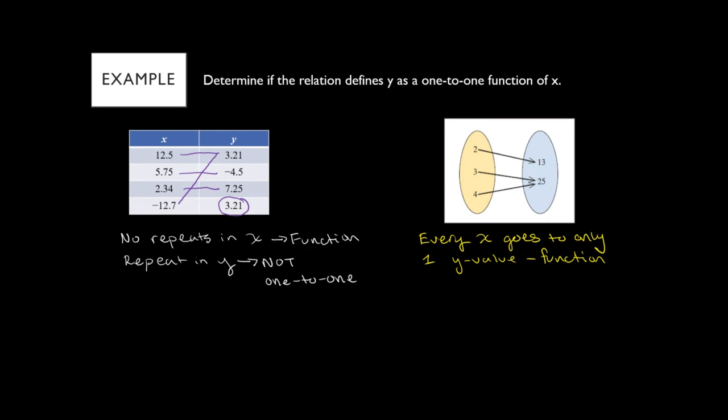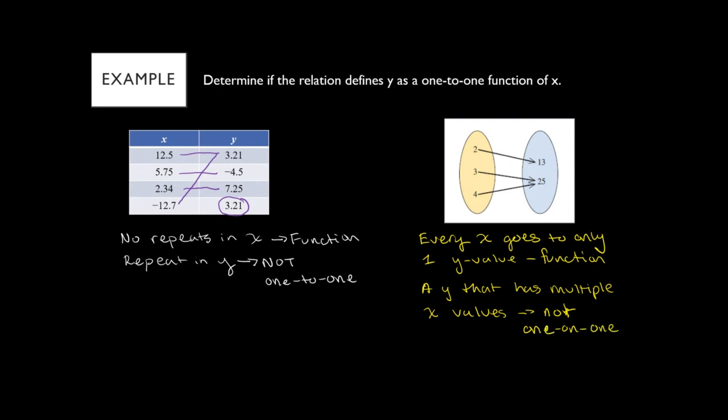However, there's a y value that has multiple x, because there's multiple x's going to the same y. So there is a y that has multiple x values, which means that that is not 1 to 1, just like the one on the left.